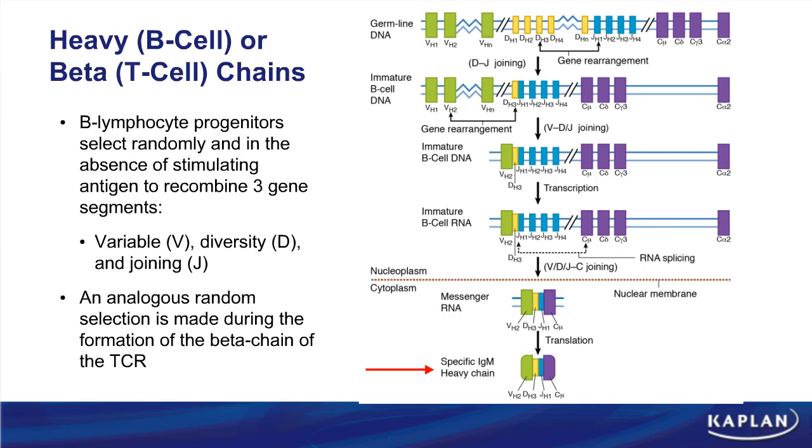Remember that we have multiple segments, V segments, D segments, and J segments that come together to give us the variable region for the heavy chain. And remember that this process is pretty similar between B cells and T cells, and we're not going to go through it again when we talk about T cells.